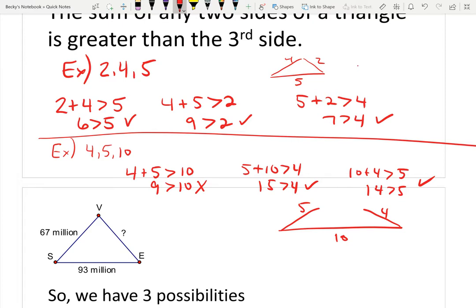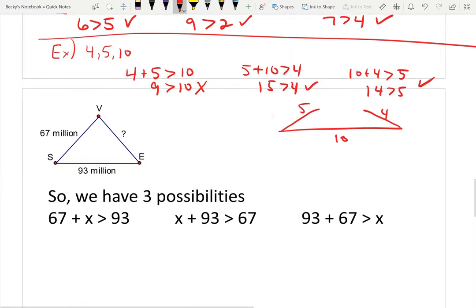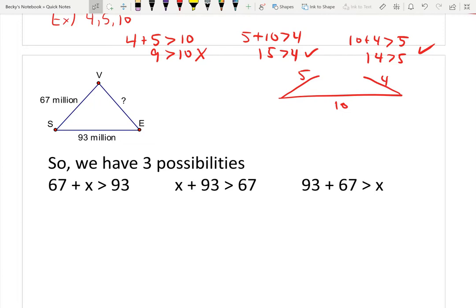So that's the situation. Now, let's go back to the Venus, Earth, Sun thing. This is an unknown from Venus to Earth. We have 3 possibilities. So I'm going to grab my calculator and let's subtract. If I'm solving for x on this one, 93 minus 67 means x has to be greater than 26, and we understand this is like a million miles.